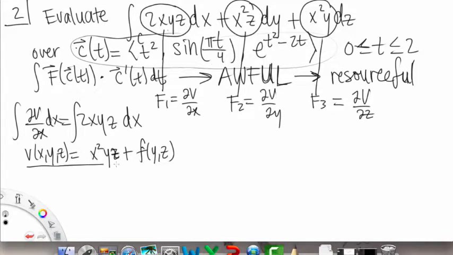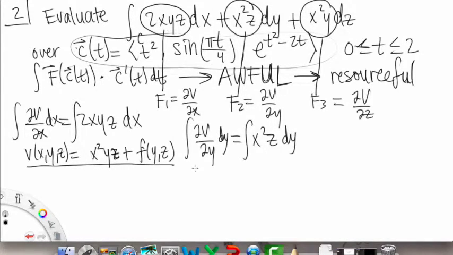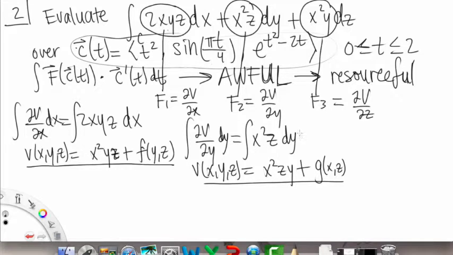Then for the second component, we set those equal and integrate with respect to y. Here we get another candidate function: x squared zy plus some function of x and z alone.